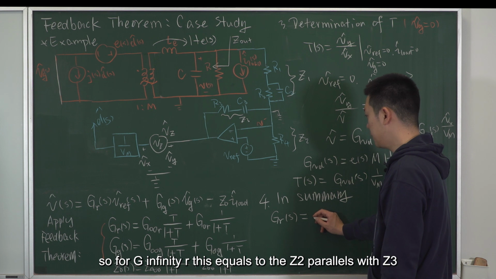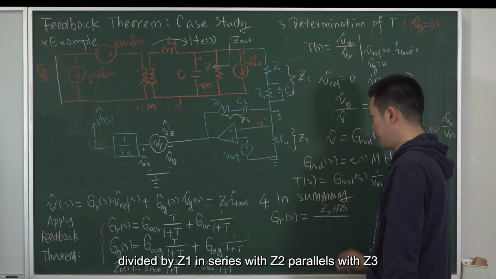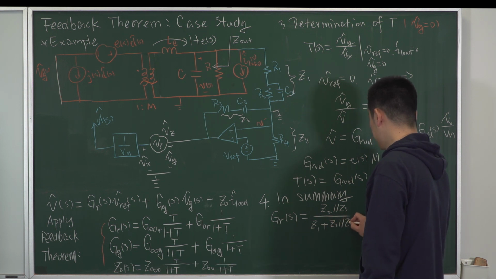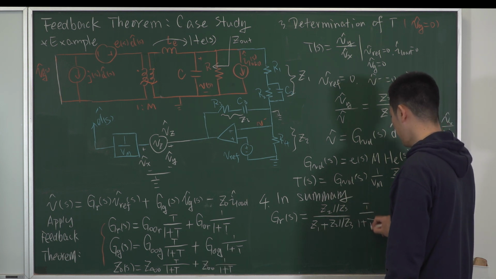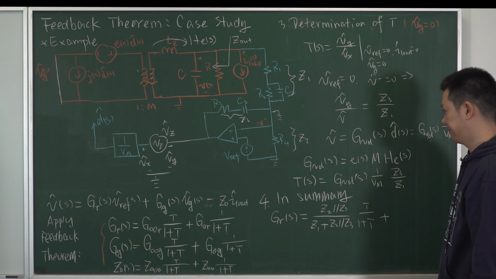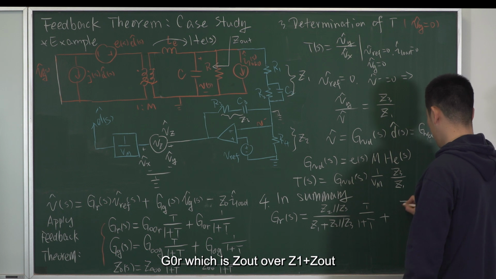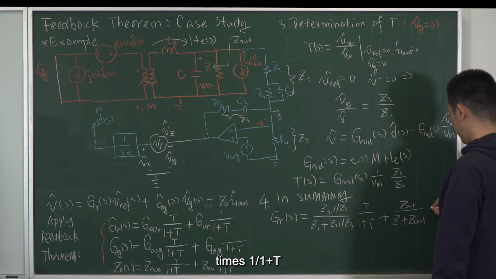So for G infinity R, this equals to the Z2 parallel with Z3 divided by Z1 in series with Z2 parallel with Z3, times T over 1 plus T, plus G0 R, which is Z out over Z1 plus Z out times 1 over 1 plus T.